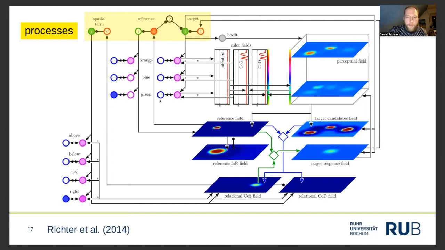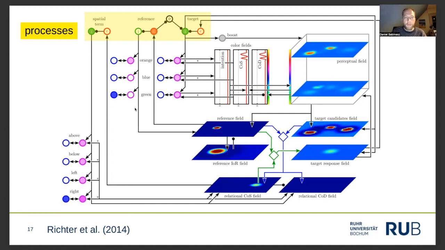And these sets of nodes here implement the analogous thing for the target object. So if the target process intention becomes active, then it will provide input to these purple color production nodes. And if that coincides with input from a color memory node, so if, for example, the target object is blue, then this memory node would be active, and this node would then become active after that intention node became active, and that would then trigger the search for a blue target object.